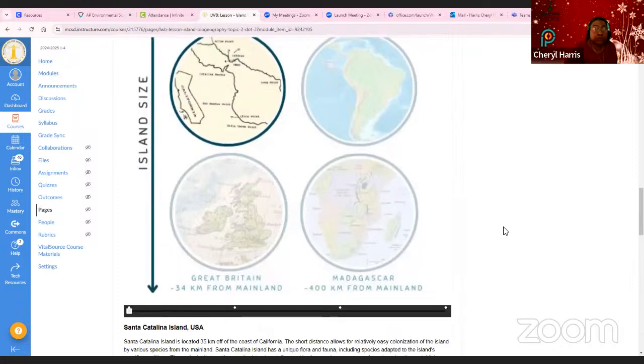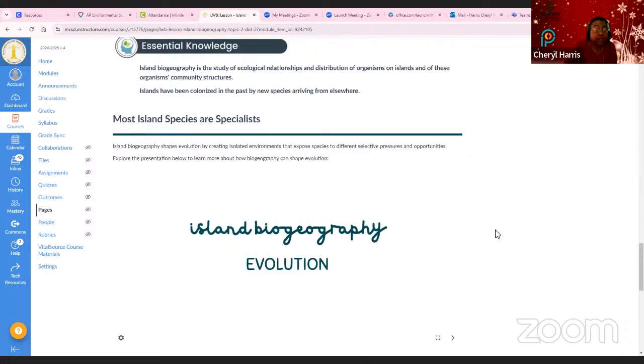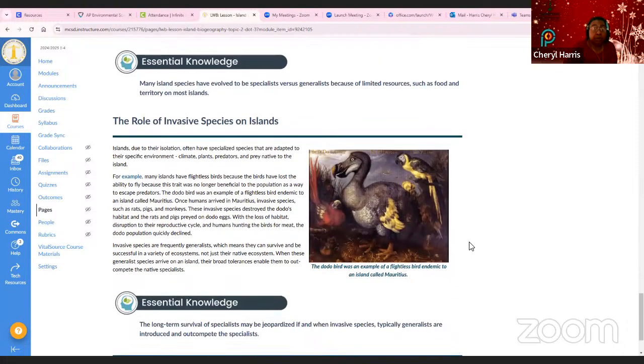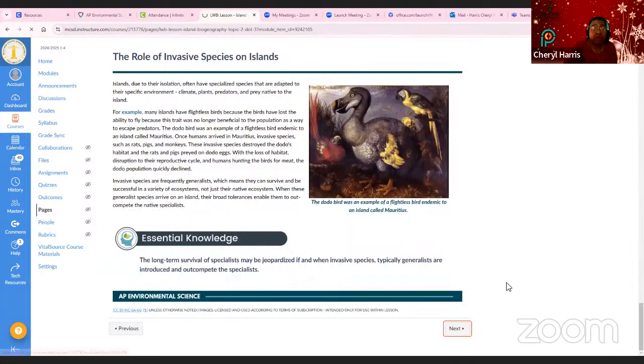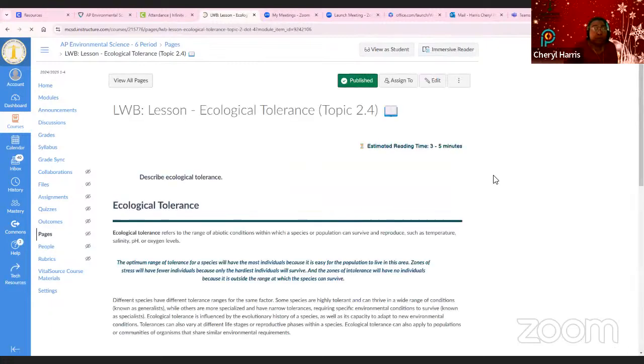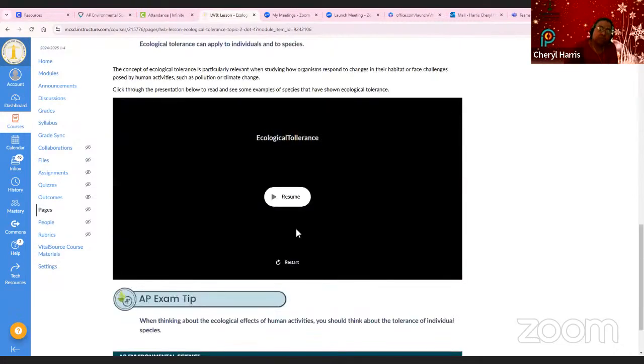So Georgia is a unique location too, because we are a large landmass, but we also have a lot of what we call barrier islands. So you all did projects on that, and hopefully you all actually read some of the other folks' projects, because I'll ask some questions about that.